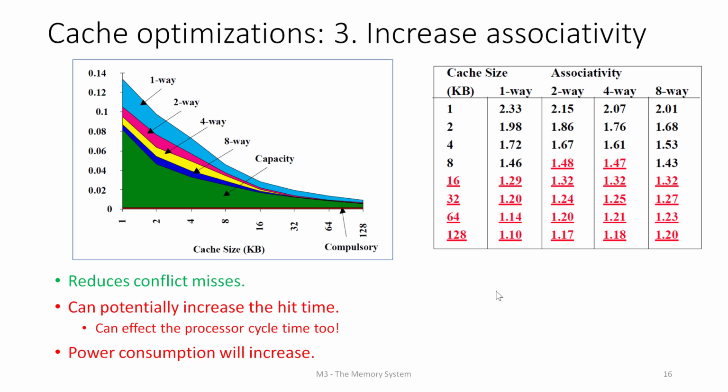So again, AMAT is giving us an insight on where to draw the line. There is another practice example in C28. Look at it. The example deals with some numerical values, but the concept is how the performance of cache would change with increasing the associativity.